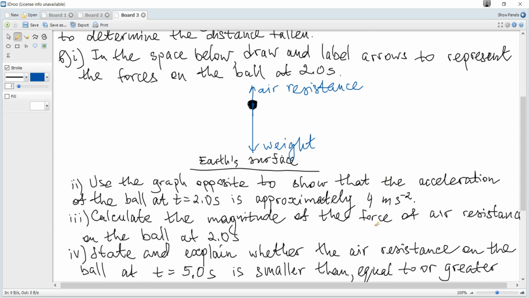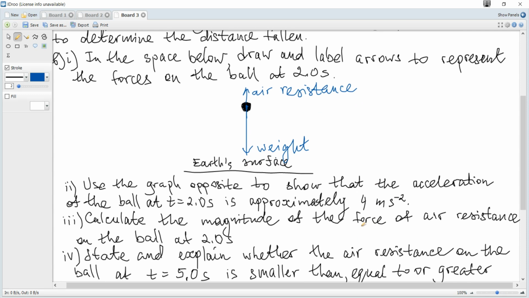Calculate the magnitude of the force of air resistance at 2 seconds. We can see that there are two forces, and applying Newton's second law, the vector sum of the two forces is equal to ma, and we should consider forces in projection on some axis, let it be y downwards.